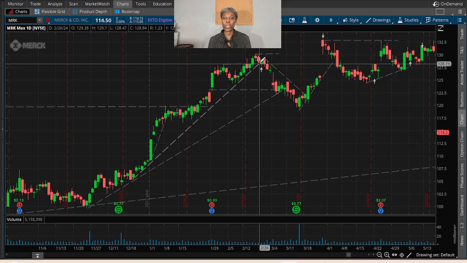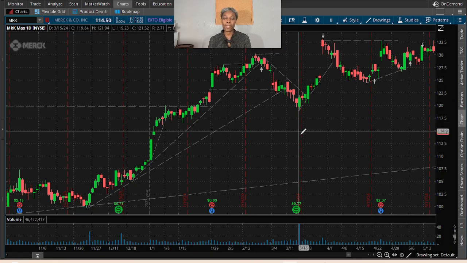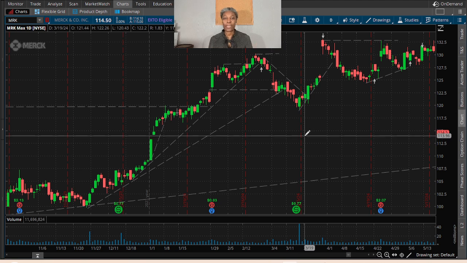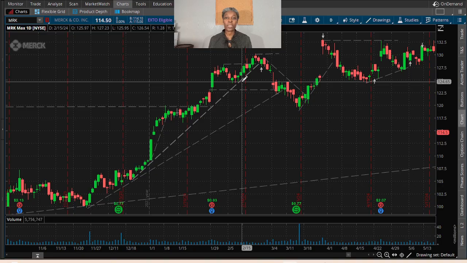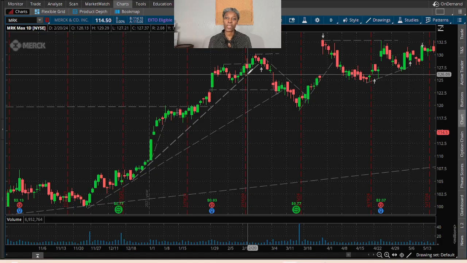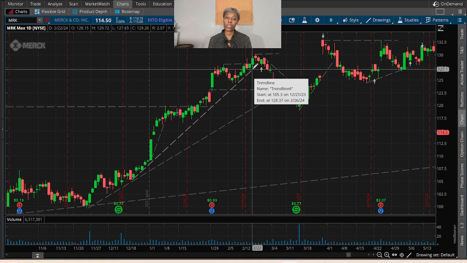In fact, we end up purchasing it on the zag side of the zigzag. When it was going down, we purchased it there, thinking it was going to go up, because we were following it along this support line that it was climbing up, using that support line to support itself.